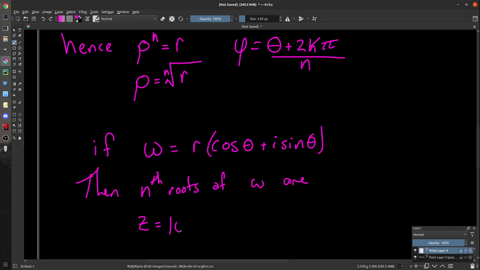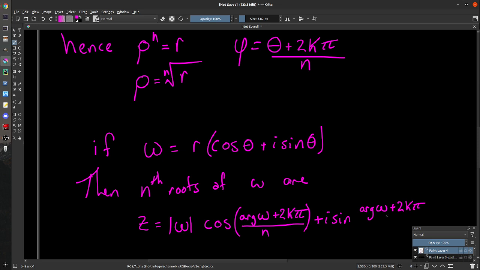I'll write it like this: modulus of omega, times cosine of arg omega plus 2k pi over n, plus i sine of arg omega plus 2k pi over n, and all of this should be in a big old parenthesis right there.